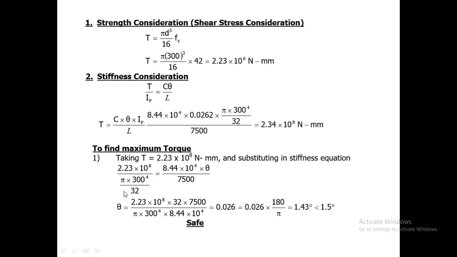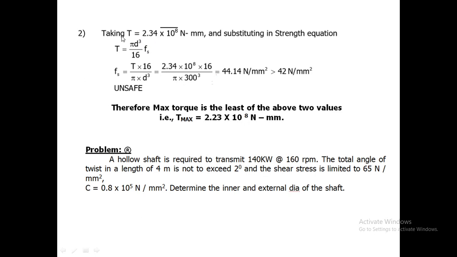If the torque from the strength consideration, when substituted in the stiffness equation, gives an angle of twist less than the mentioned angle of twist, then it is safe. Similarly, from the stiffness equation we get the torque 2.34. We substitute this in the strength equation and calculate the shear stress.